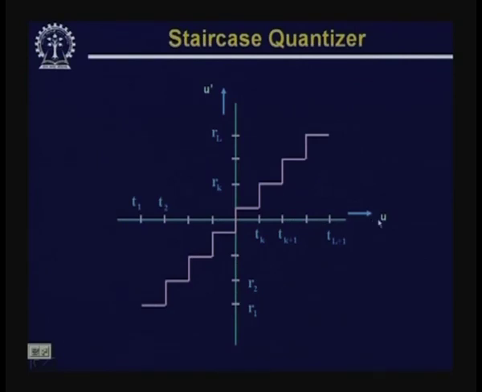So, given an input signal which is analog in nature, you are getting the output signal which is discrete in nature. The output signal can take only one of these discrete values. It cannot take any arbitrary value. Now, let us see what is the effect of this.